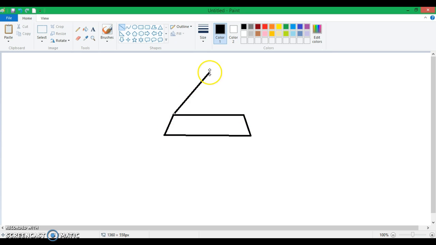Alrighty, there's our pyramid. And let's say that this is a square base, so we don't have to do too much work finding the area of the base.